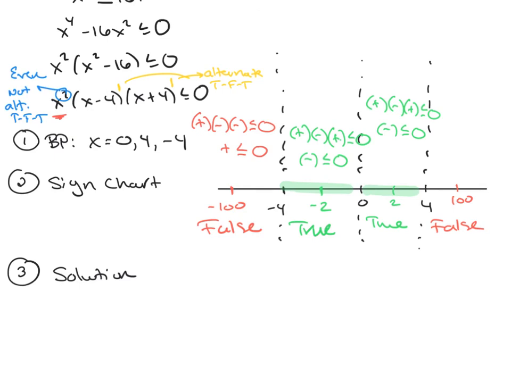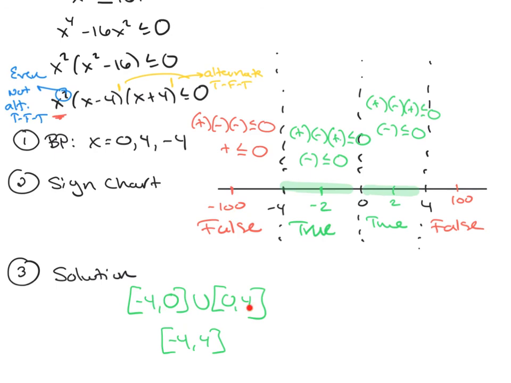Need to take a look at whether we have strict less than or less than and equal to. Since we have less than and equal to, we want brackets. So let's go back to that discussion we had before. This negative 4 to 0 union 0 to 4 is a very cumbersome way of saying just the interval from negative 4 to 4.